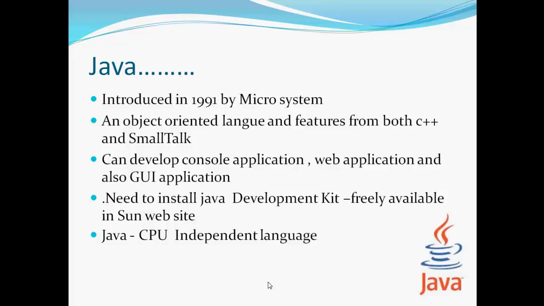It is an object-oriented language with features from both C++ and Smalltalk. And we can use Java to develop console applications, web applications, mobile applications, and also geo applications.